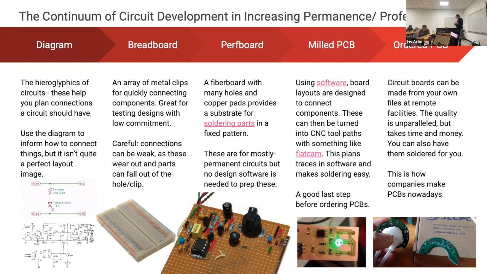So for example, if I have a single LED, for which the symbol looks like this, and I have a single battery, so that the symbol looks like that, and I put them up with wires, like so and like so, this is a diagram for a circuit that has a battery and an LED.